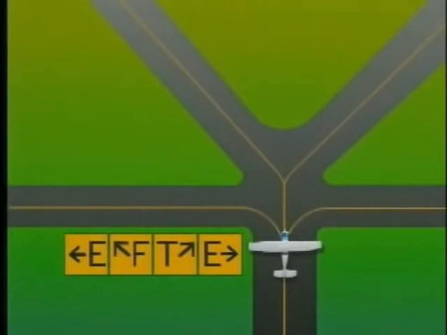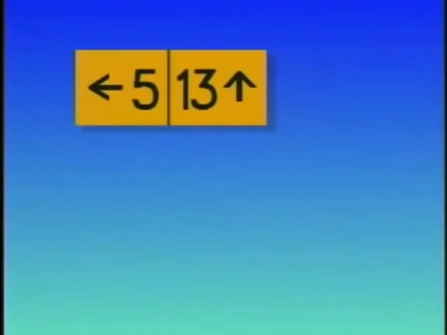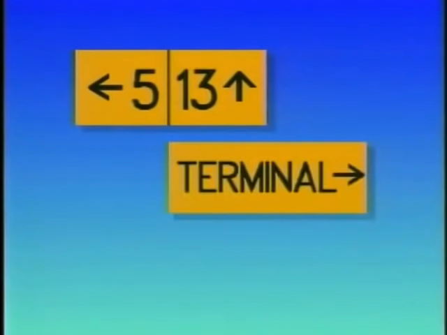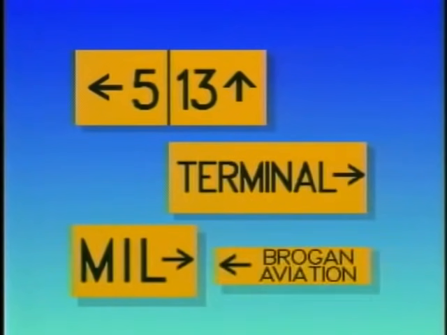Direction signs have black lettering on a yellow background and contain arrows that indicate the directions of taxiways leading from an intersection. Destination signs indicate the general direction to remote locations such as runways, terminals, military areas, civil aviation areas, and fixed-base operators.